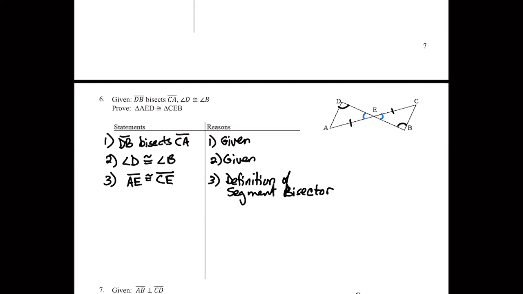So it's going to be a little bit more of an elaborate statement, but I can now say that angle DEA is congruent to angle BEC. And that's because DEA and BEC are vertical angles, and vertical angles are congruent.